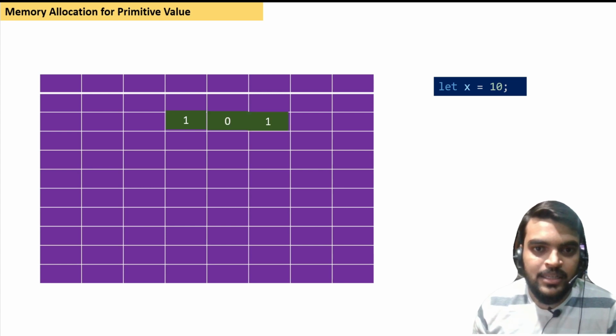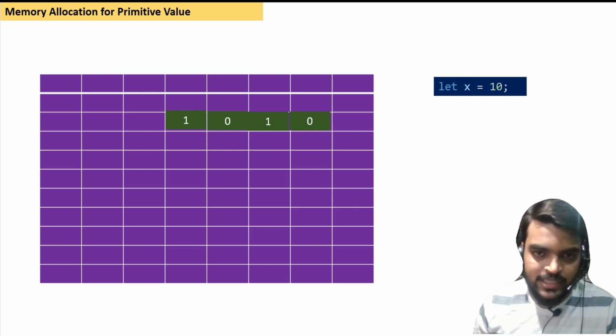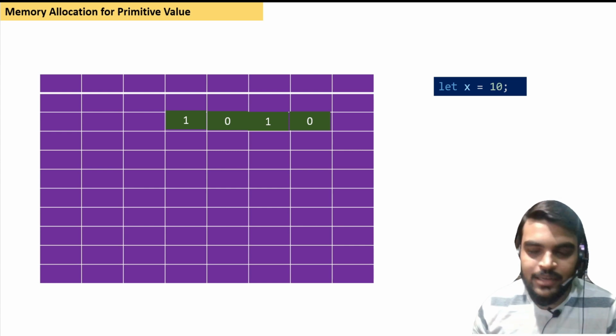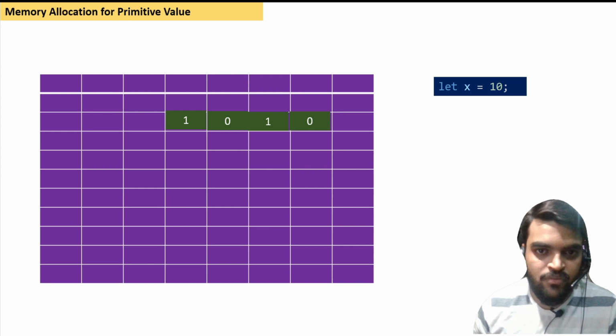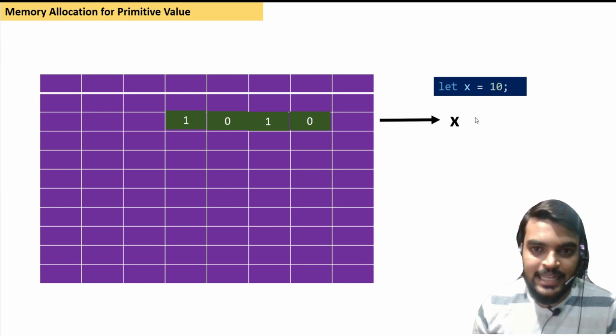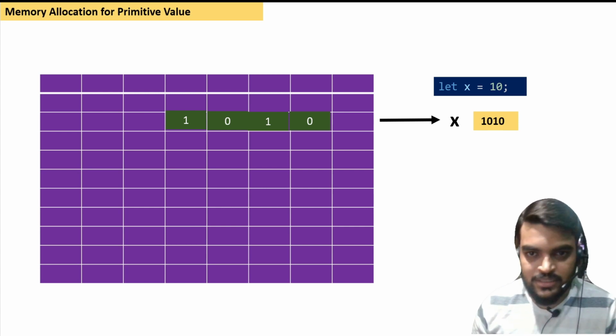Let's say it needs 4 blocks. Ideally it will need more than that, but let's say it takes 4 of the smallest blocks from the entire memory. And this is my x. In x we have this binary value, 1010. If we convert 10 to binary, you will get 1010.